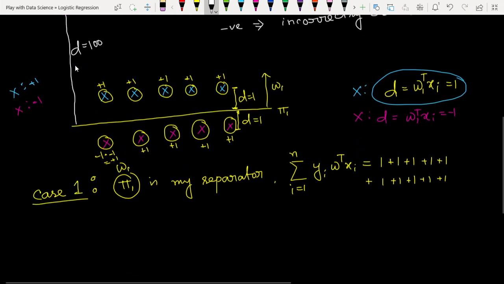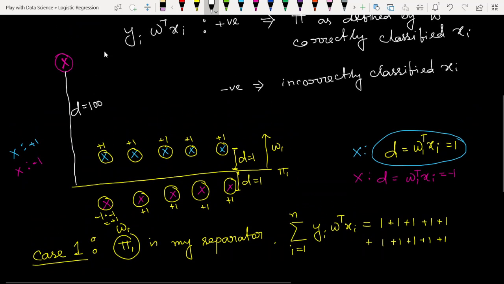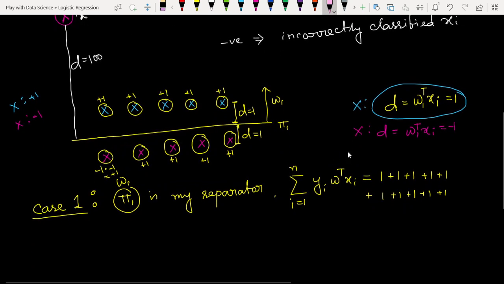So in such situations, let's take this point as x dash. We call this point x dash. For this point we use a different color.